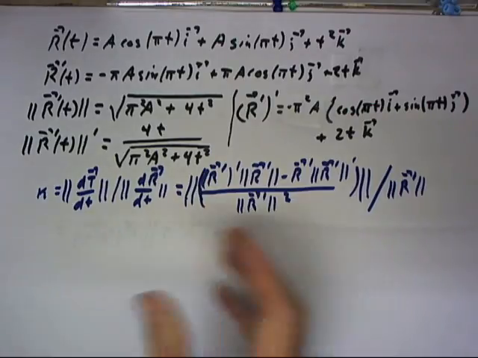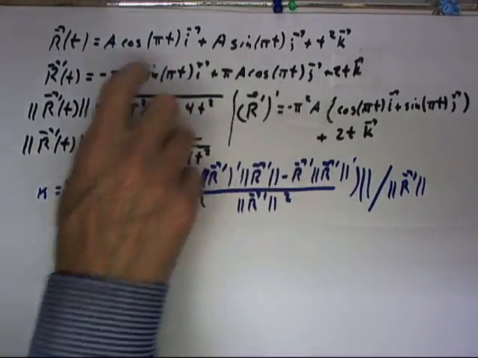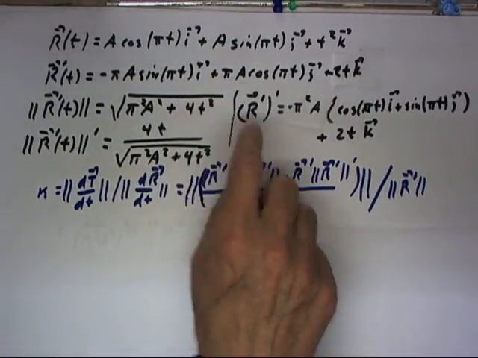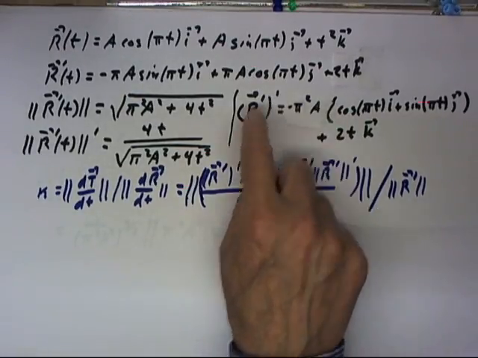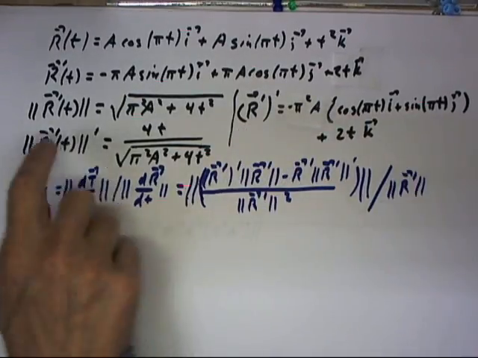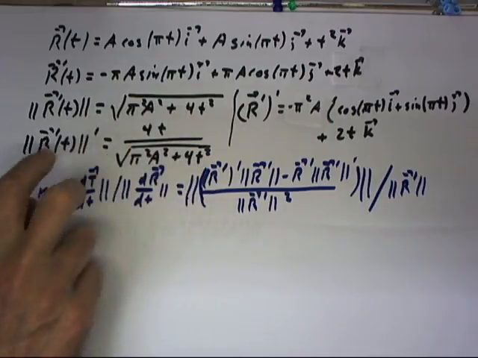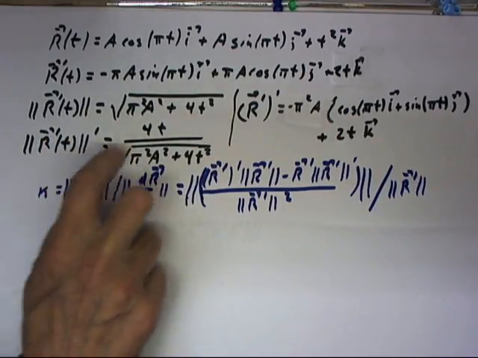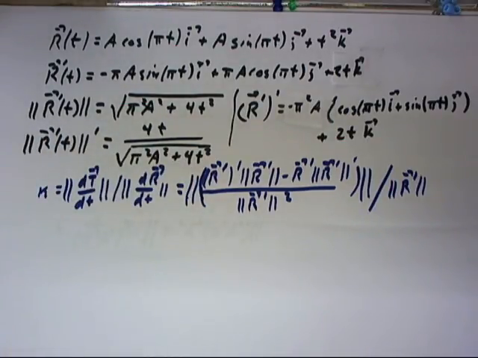So we have the following expressions. We have our r of t expression, our r prime of t, our r double prime of t, magnitude of r prime of t, and the derivative of the magnitude of r prime of t.